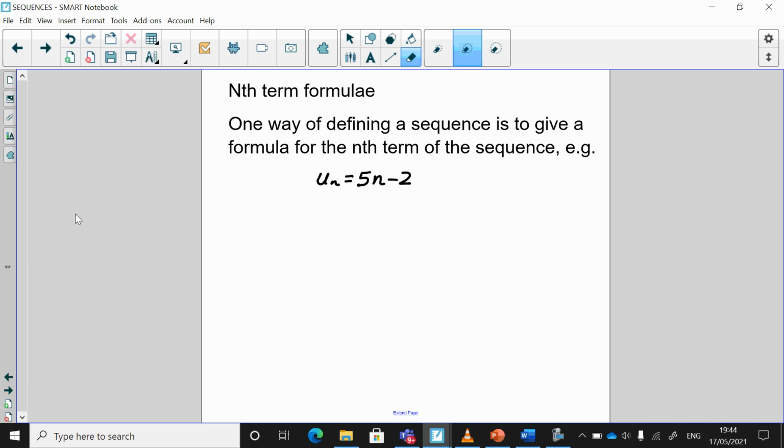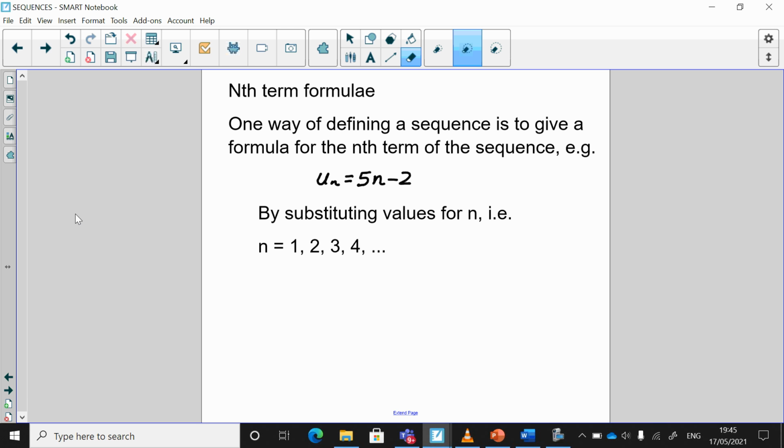I've just thrown up a little formula here. So Un is equal to 5n minus 2. That's just like y equals mx plus c, or y equals 5x minus 2. It's linear, like a straight line.